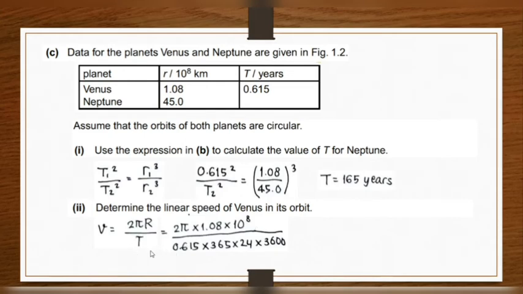And then the period is in years. You have to convert into SI, which is in seconds. So 0.615 multiplied by 365 days a year, 24 hours a day, multiplied by 3,600 seconds in an hour. Then you will get 35 kilometers per second.